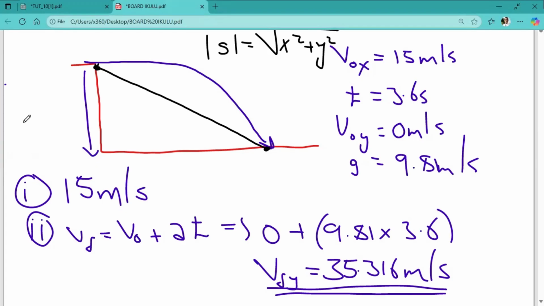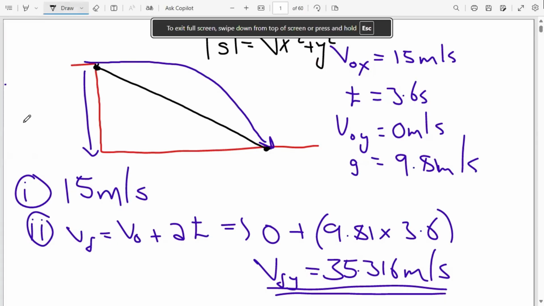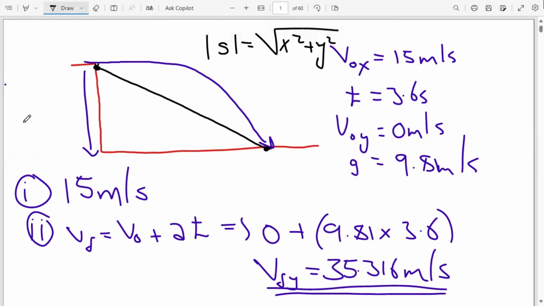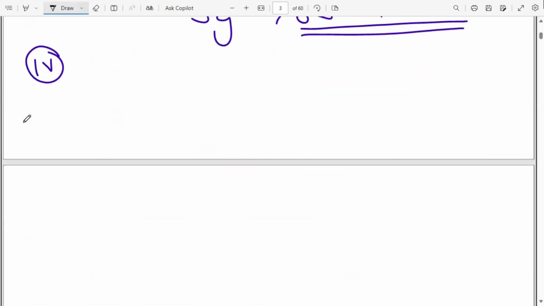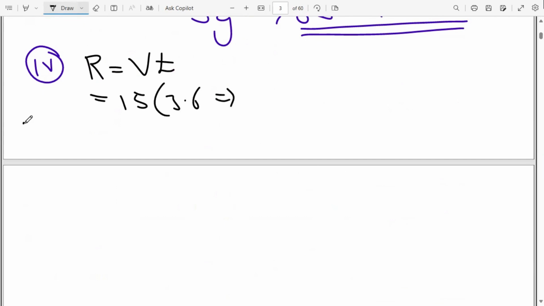Since we haven't been given the horizontal displacement, and we've calculated the vertical displacement, let's start by calculating the horizontal displacement first, then plug it into this formula. So our range will be equal to v multiplied by t. Velocity in the x is 15 multiplied by time, which is 3.6. That means our range is equal to 54 meters.